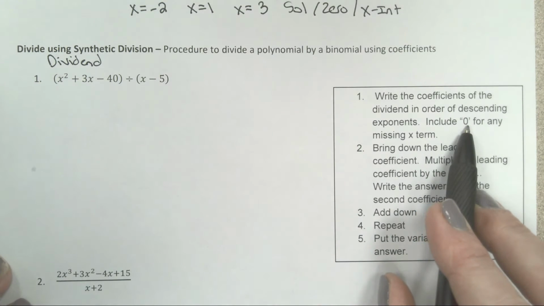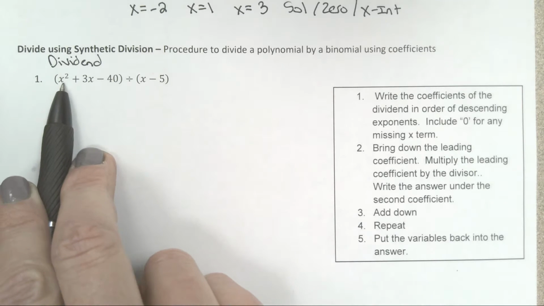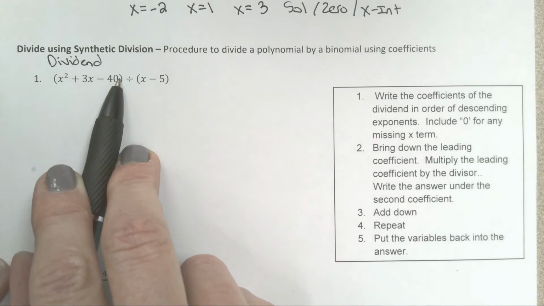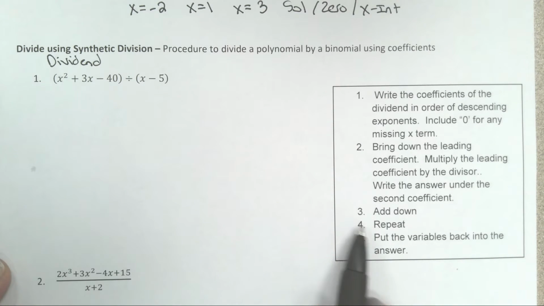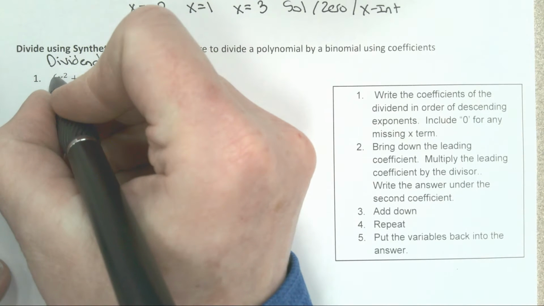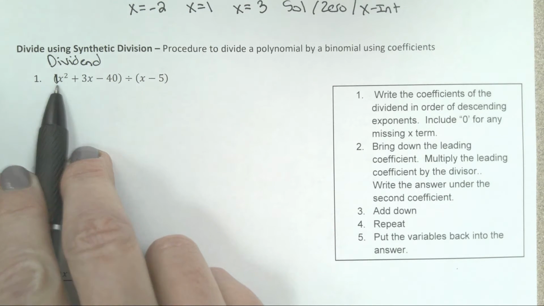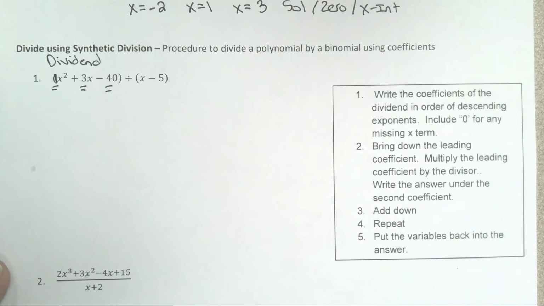If you have a missing term, you have to put a filler 0 in. This goes x to the second, and then the first, and then the constant. This one doesn't need a filler 0. It's in perfect order. So the coefficients are 1, 3, and negative 40.